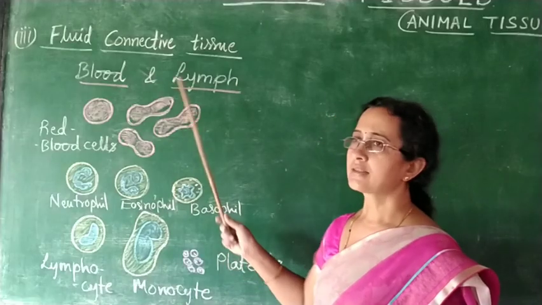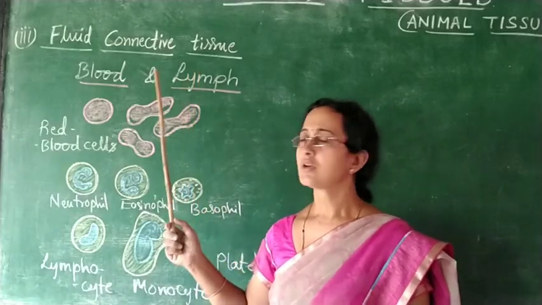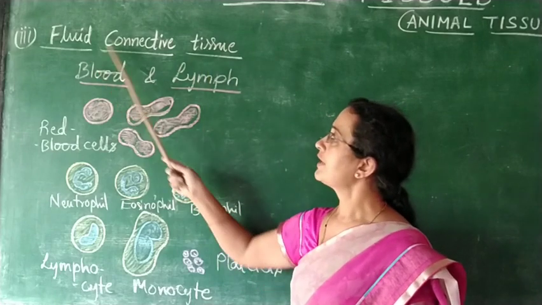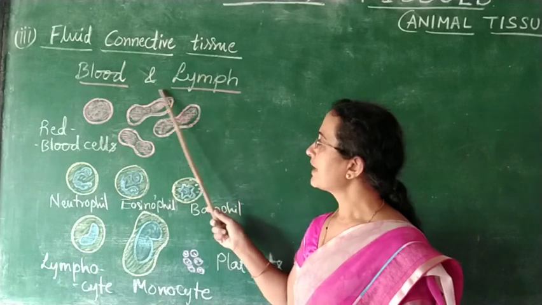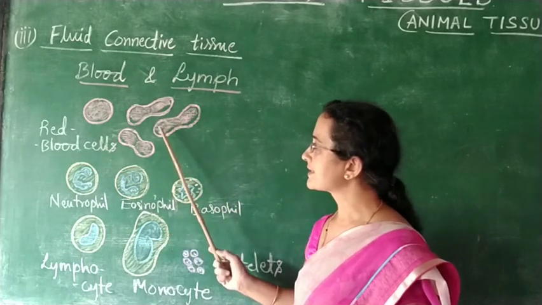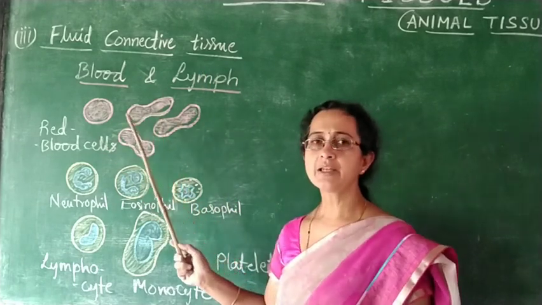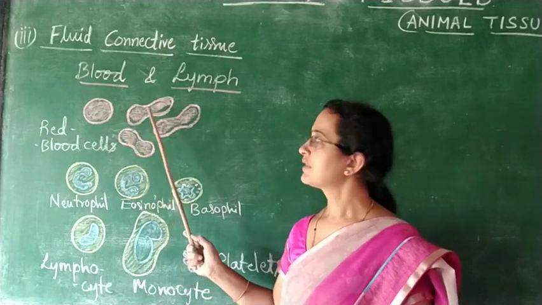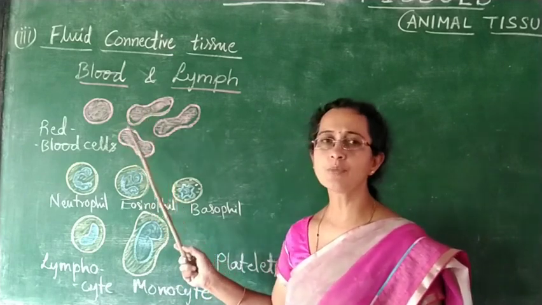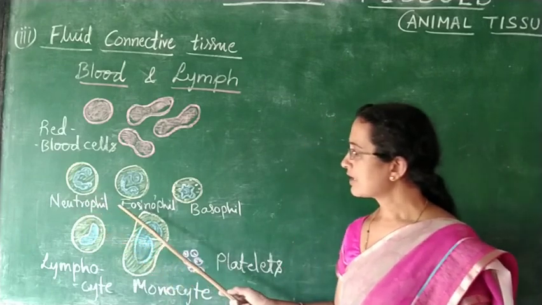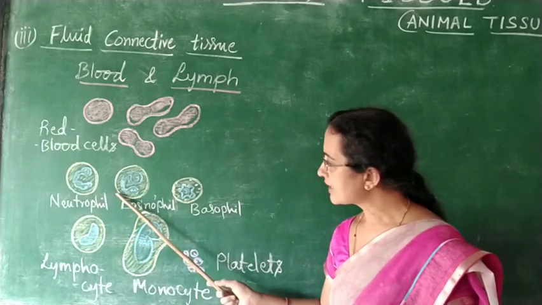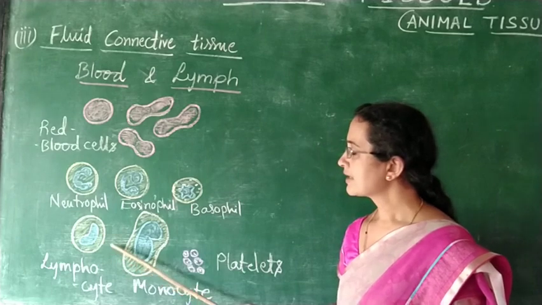Let us learn the third important type of connective tissue called fluid connective tissue comprising of blood and lymph. So blood consists of these red blood cells. See, red blood cells help in carrying the oxygen with the help of their pigment called hemoglobin. Coming to the white blood cells, you can find here granulocytes and agranulocytes.